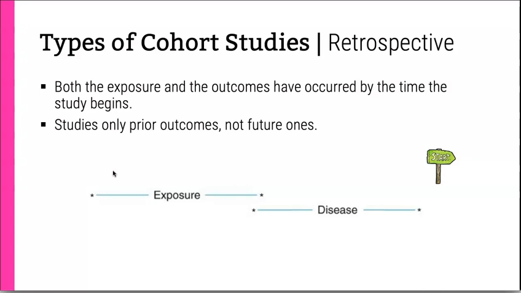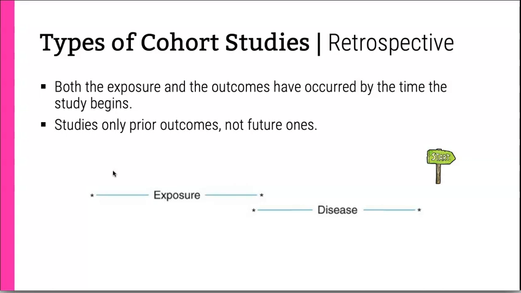We talked about it in a cross-sectional study. We take a group of people and we measure the exposure and the outcome simultaneously. So it becomes really difficult to understand whether or not the exposure actually happened before the development of the disease. So it makes it very difficult to determine what we call temporality, which is very important.